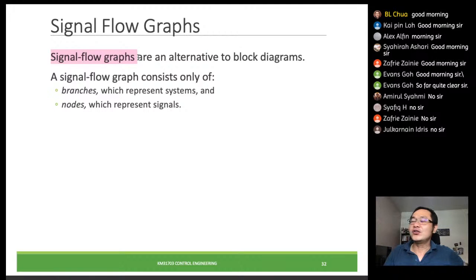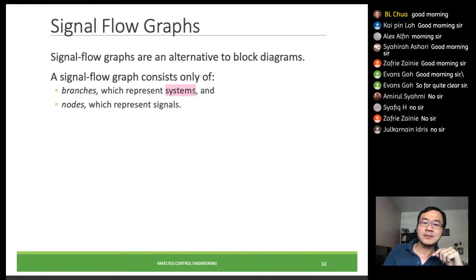So we move on to the signal flow graph. A signal flow graph is another form or alternative to the block diagram, and it consists only of branches and nodes. We don't have blocks, that's why we don't call it a block diagram. The branch, which is the arrow, now represents a system.